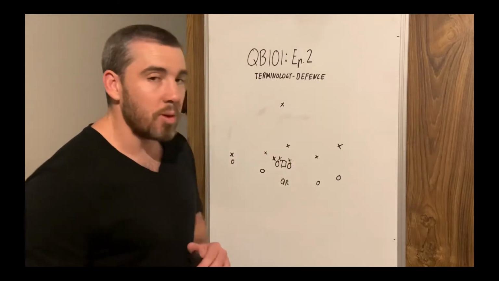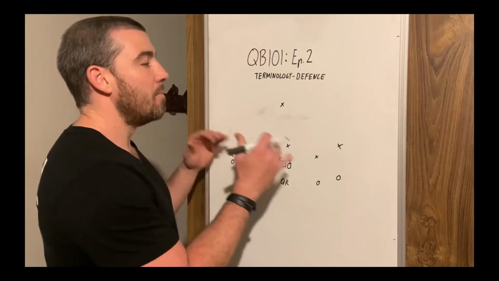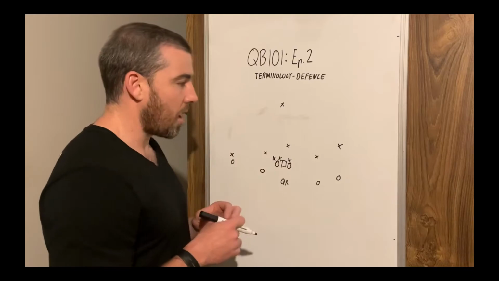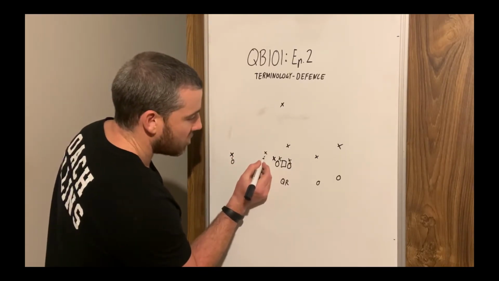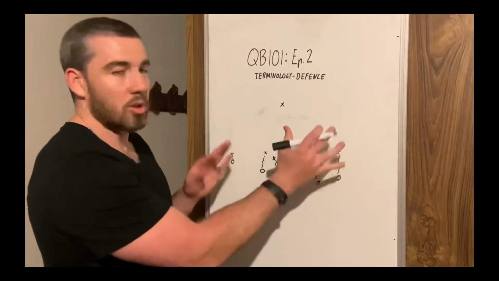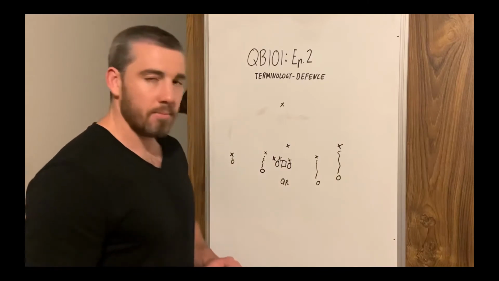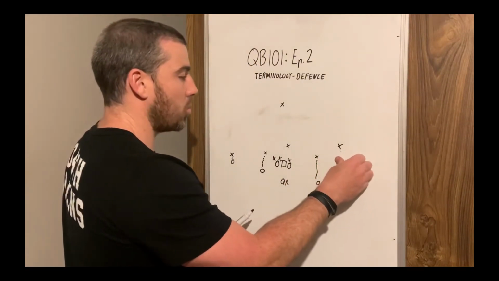So continuing on that, we have two different types of coverages. We have man coverage and zone coverage. And as the name suggests, man coverage means that each defender is covering a man. So they're just gonna follow that receiver wherever they go. That's their assignment. Or they could be dropping back into a zone.